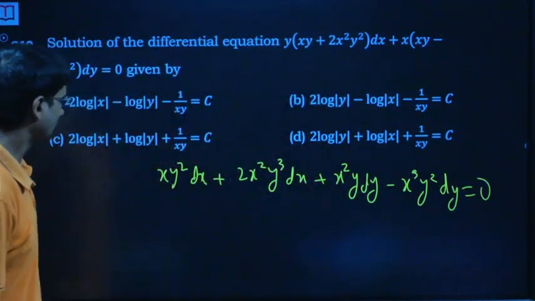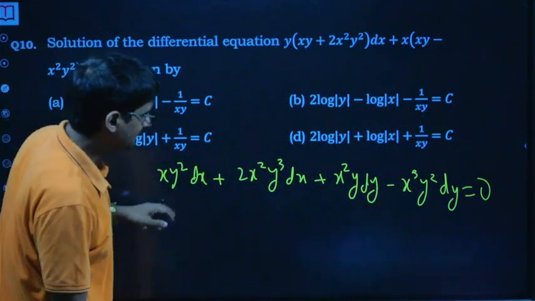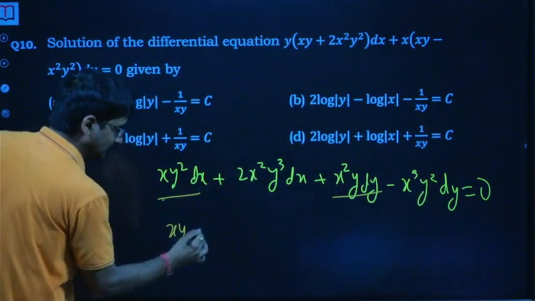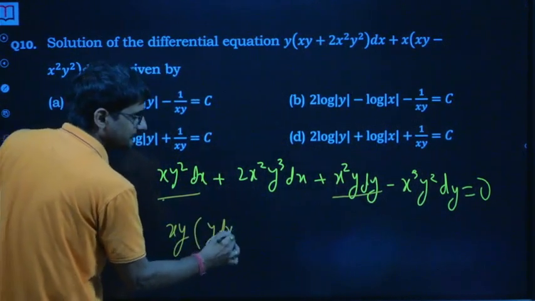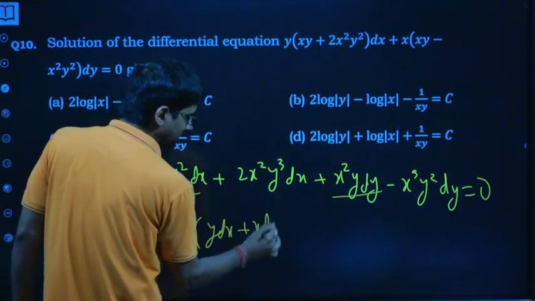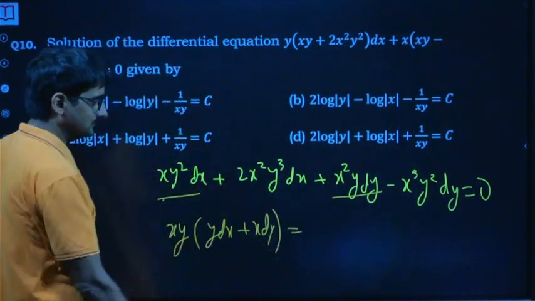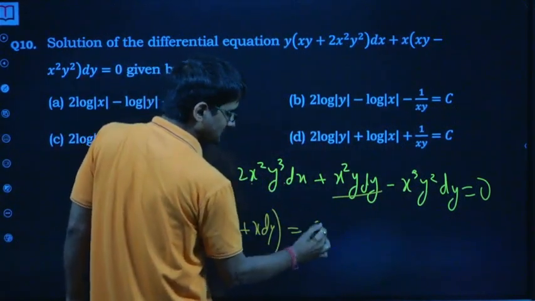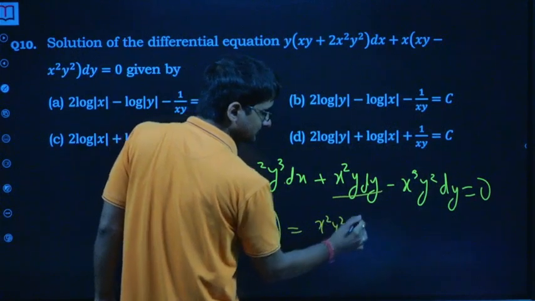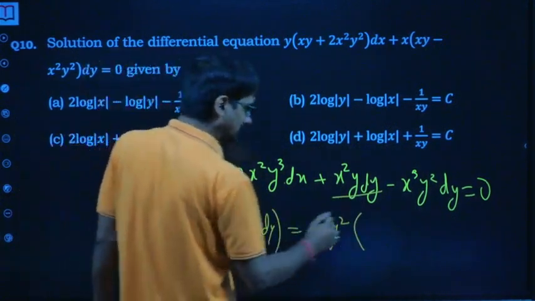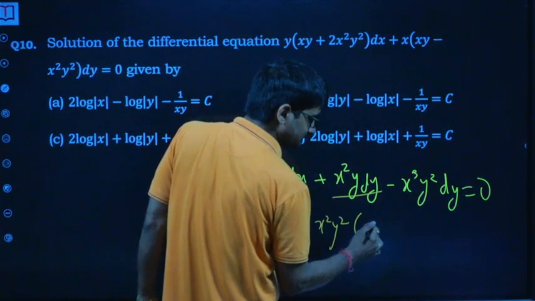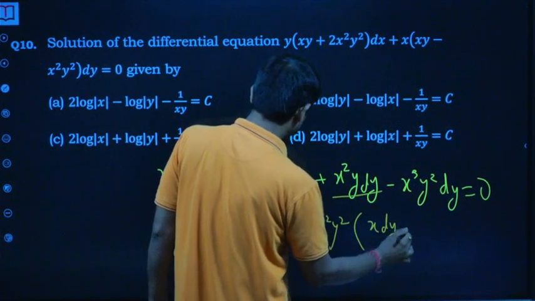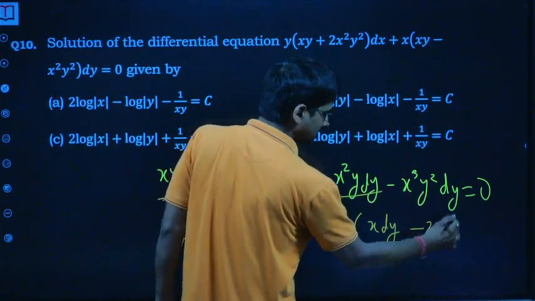Okay, so xy square and x square y, if I take this common, y dx plus x dy, is equal to, if I take it to the other side and take x square y square common, x square y square, x dy minus 2y dx.